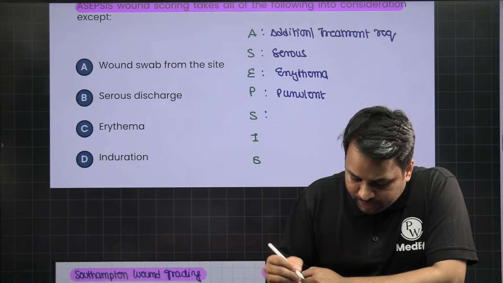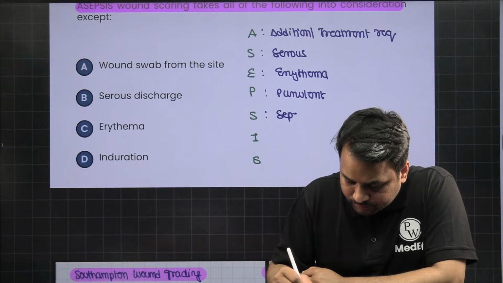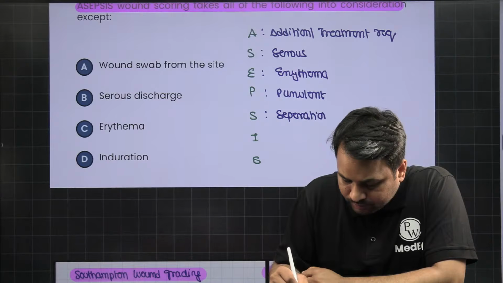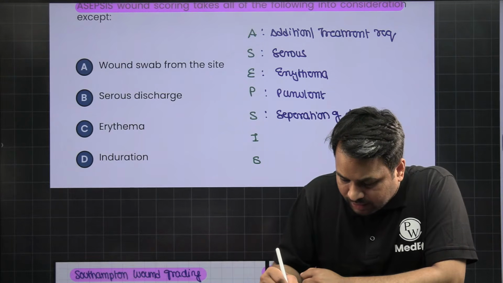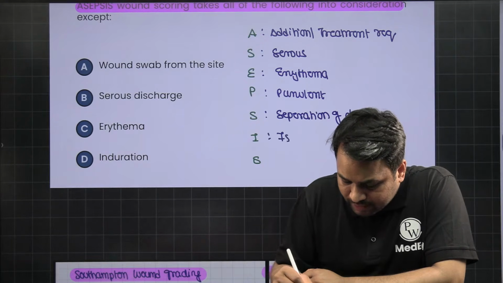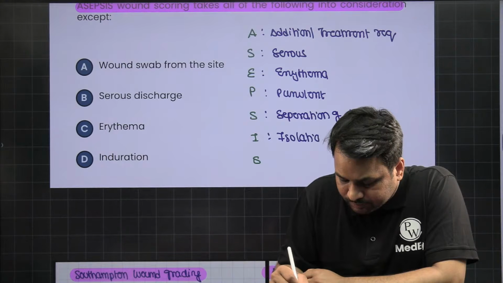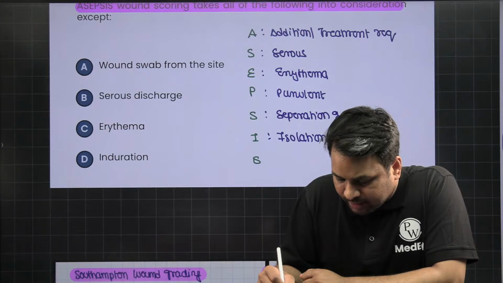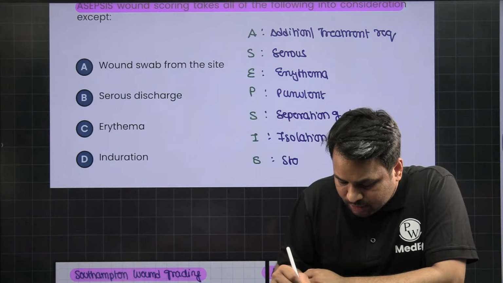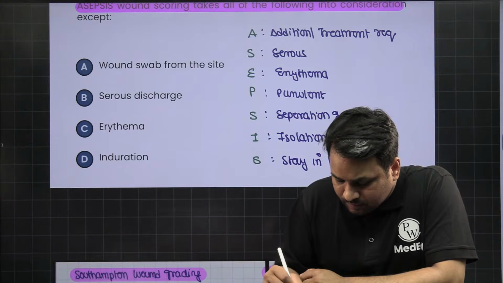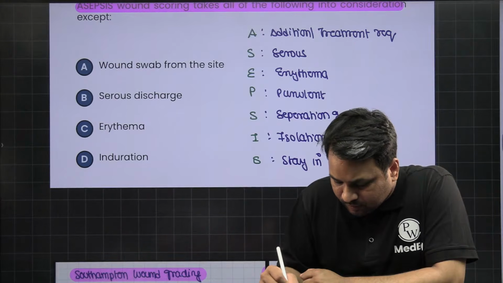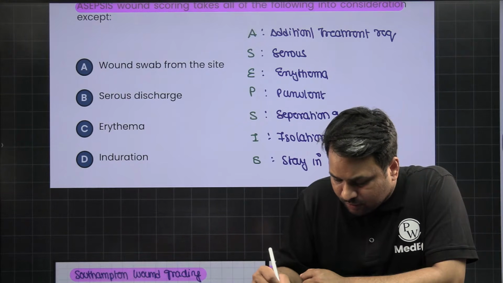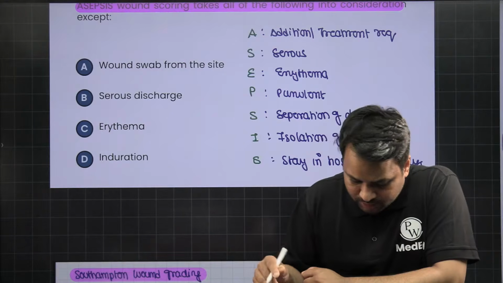S stands for separation of deep tissue. I stands for isolation of organism. And S stands for stay in hospital for more than or equal to 14 days due to wound infection, right?